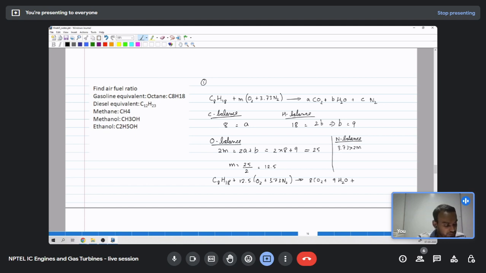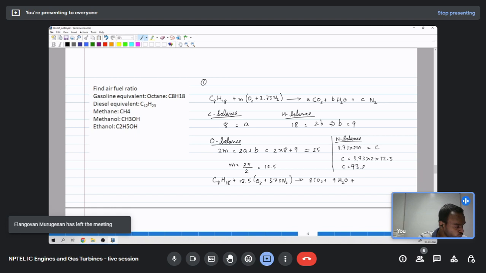And on the right hand side, we have 2c, because for every c there are 2 nitrogen atoms. So we know the value of m is 12.5, so 3.73 into 2 into 12.5 is 93.25, and c will be 46.625.